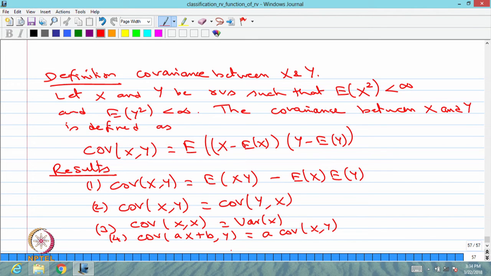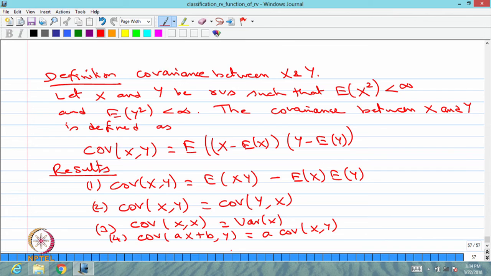Covariance of any constant with a random variable is 0. Therefore, covariance of ax plus b with y, when a and b are constants, is the same as a times covariance of x comma y.